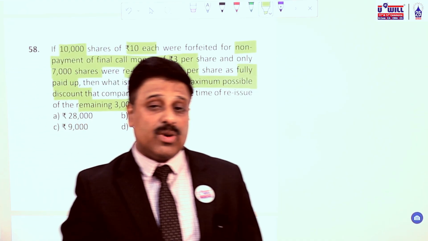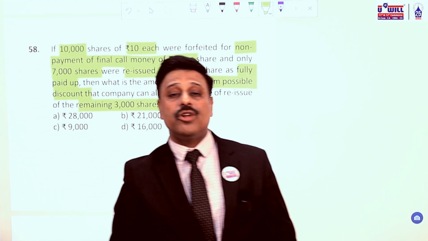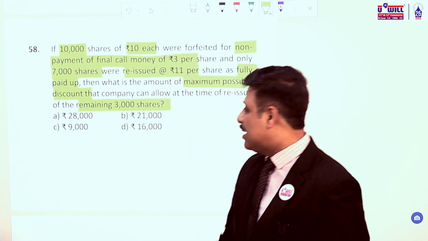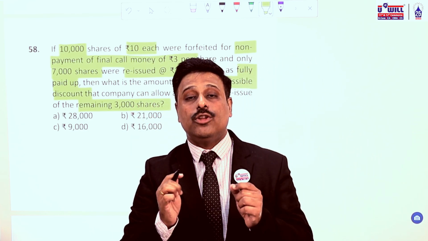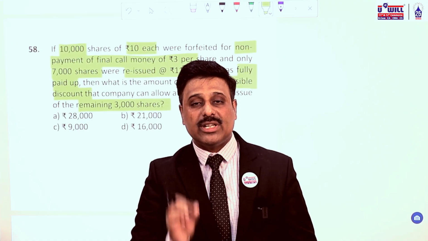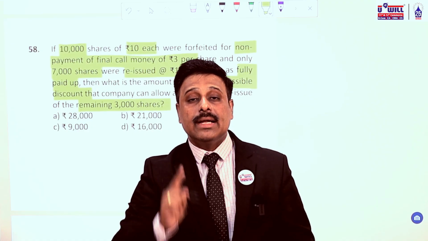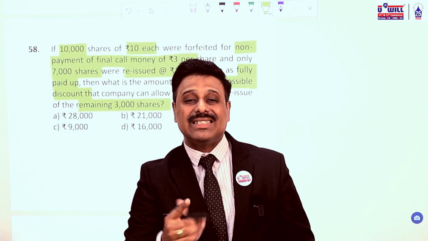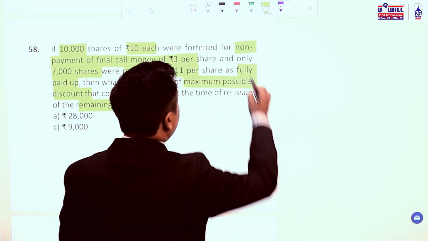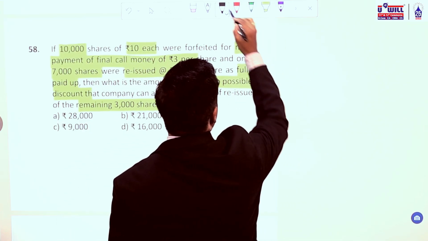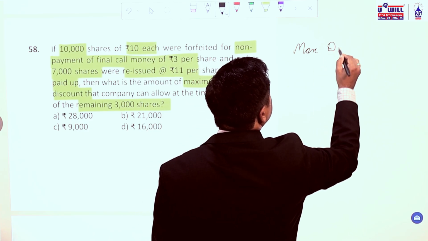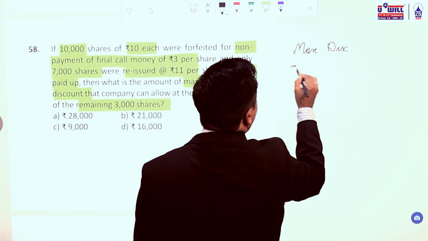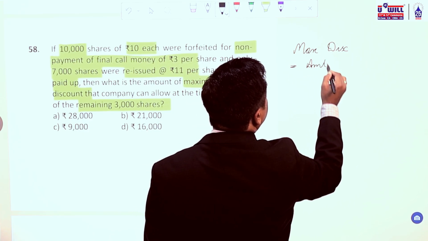Now, what is the concept of maximum discount that can be allowed on reissue of forfeited shares? The remaining 3,000 or these 7,000 doesn't make any difference. Whenever you reissue any forfeited shares, the maximum discount that can be allowed is the amount forfeited. Once again, the maximum discount that can be allowed is equal to the amount forfeited.